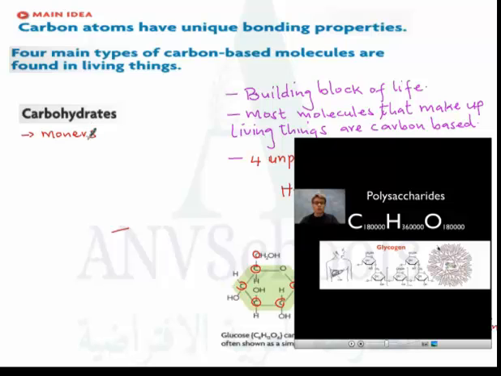These subunits, which we are calling monomers, like we can have this being a subunit of glucose, can build a bigger unit, which we normally call a polymer.